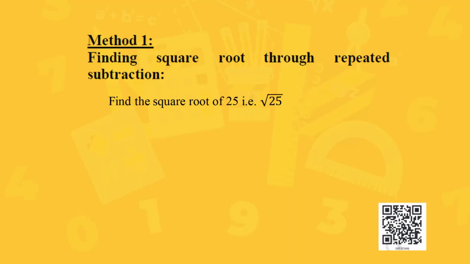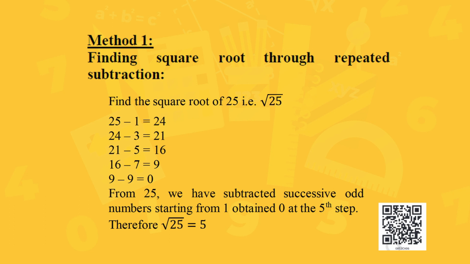So, here let us find out the square root of 25. You observe the following subtractions: 25 minus 1 is equal to 24, 24 minus 3 is equal to 21, 21 minus 5 is equal to 16, 16 minus 7 is equal to 9, and finally 9 minus 9 is equal to 0.